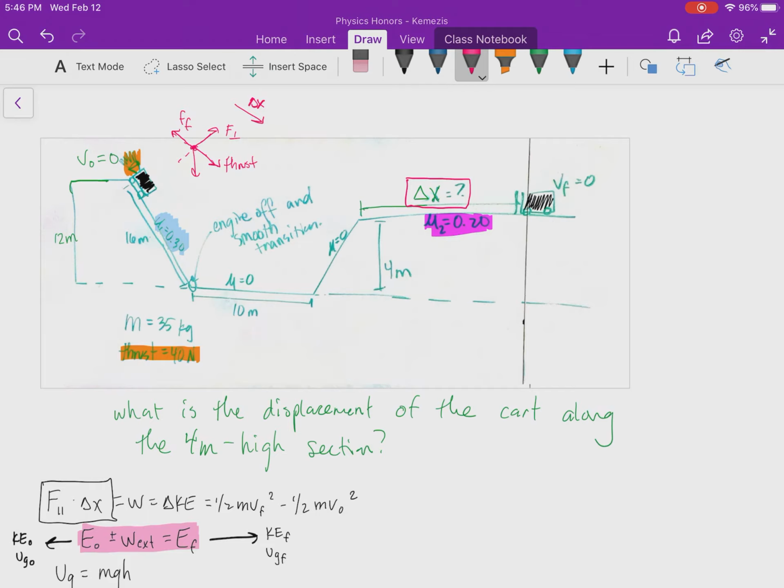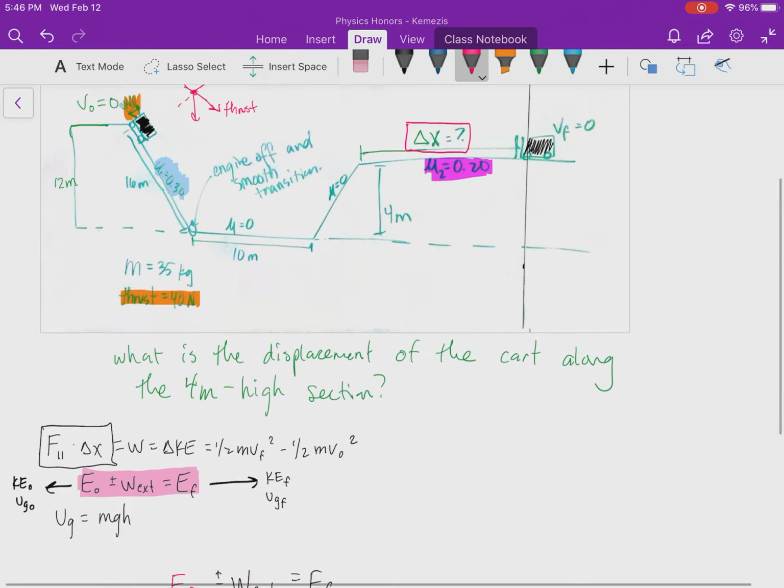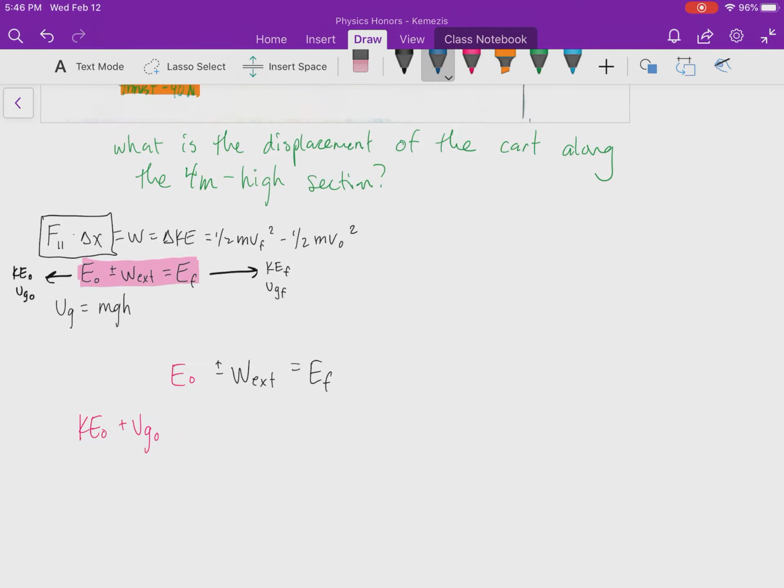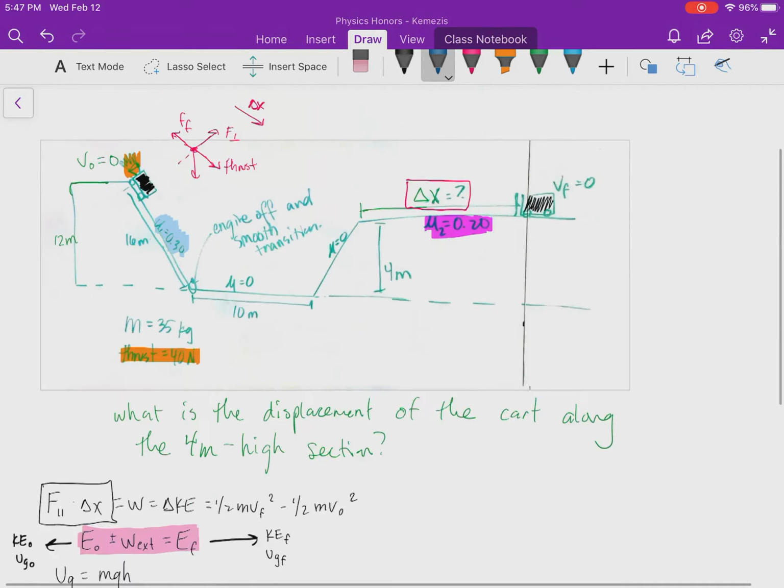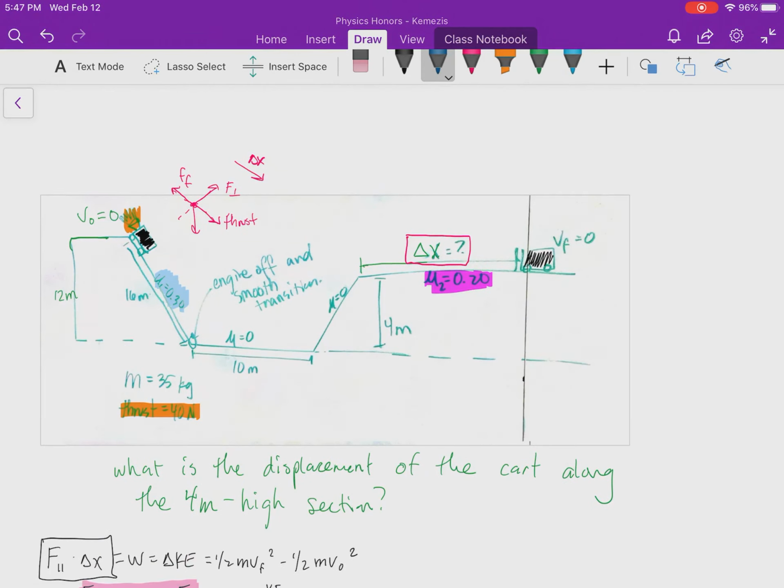Okay, so the force of friction is in the opposite direction of displacement, so we are going to get a negative work due to the force of friction, and we're going to call it 1 because that's mu1.